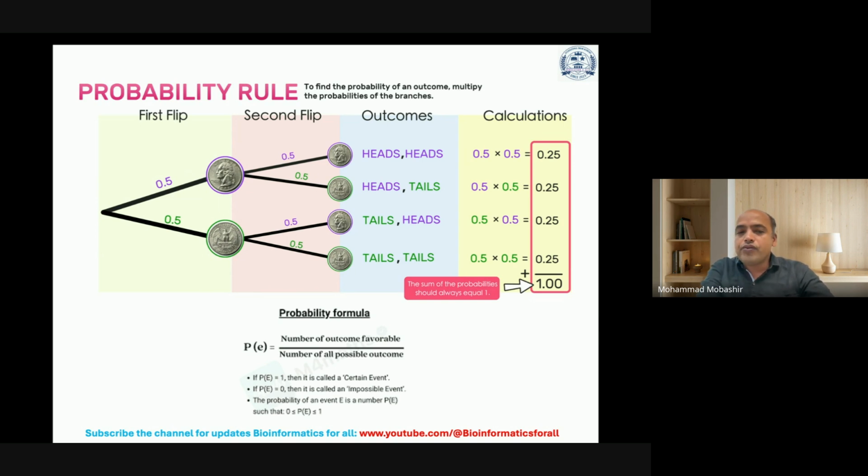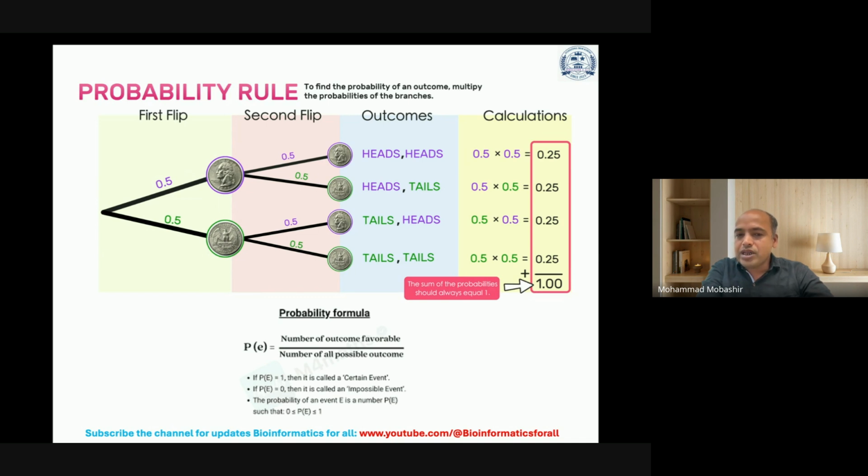And the formula for probability is: probability is equal to the number of favorable outcomes upon the number of all possible outcomes. If probability is equal to 1, then it is called a certain event. If it is 0, then it is called an impossible event.